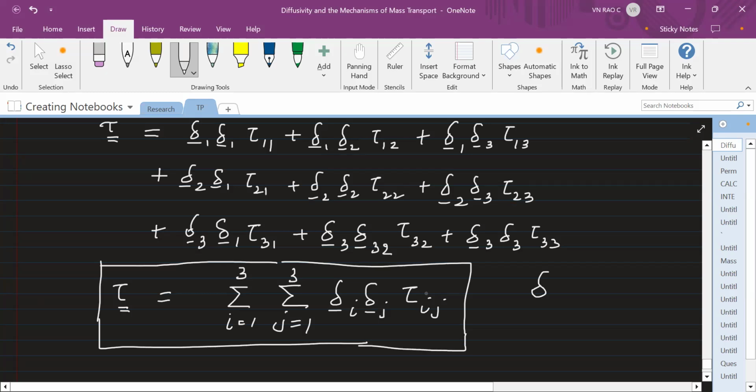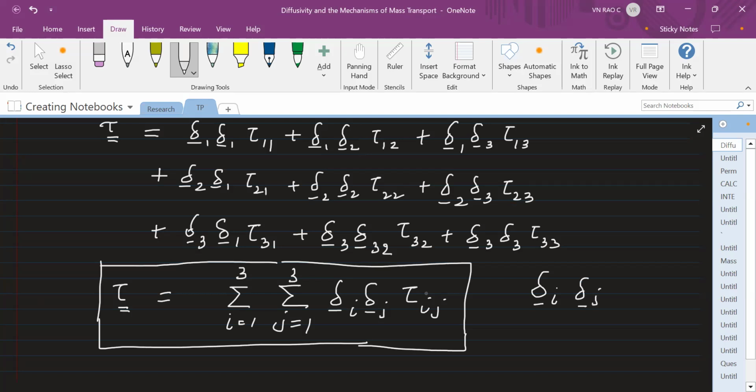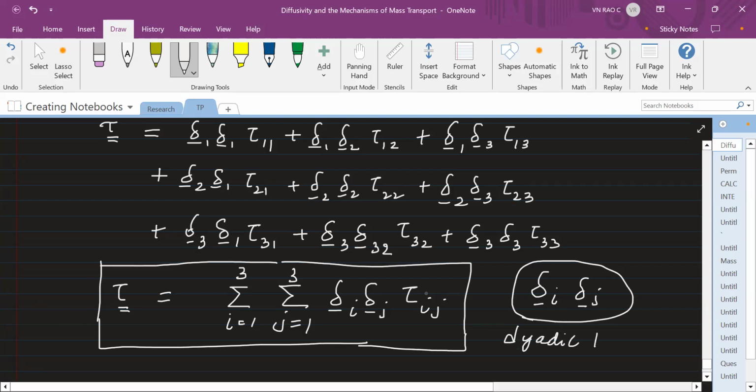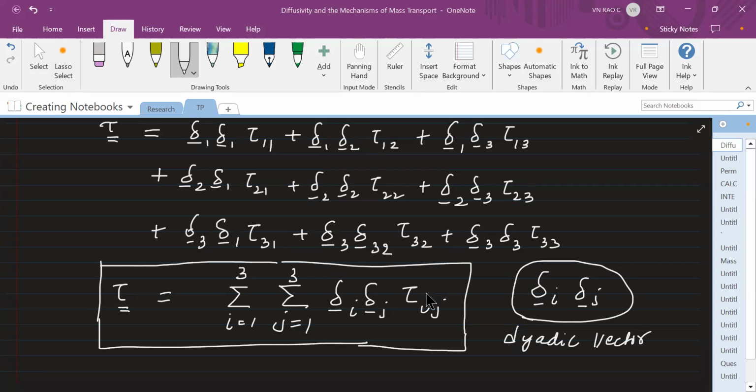Here delta i delta j put together, there is no multiplication symbol used in between them. This entire quantity is a dyadic product, or dyad.